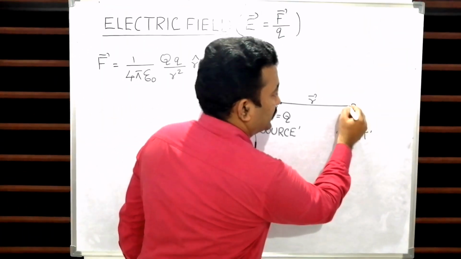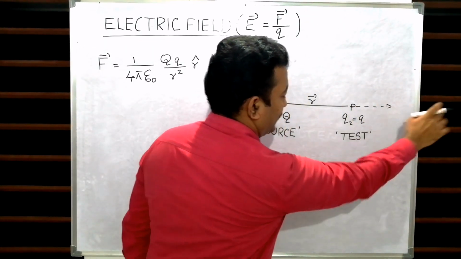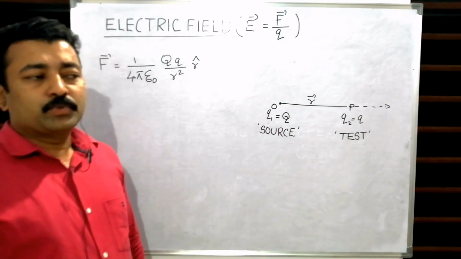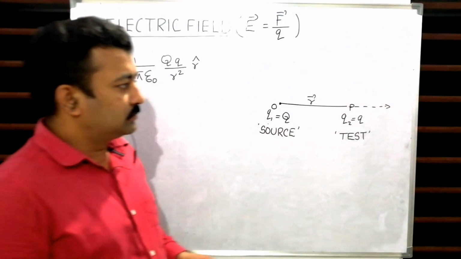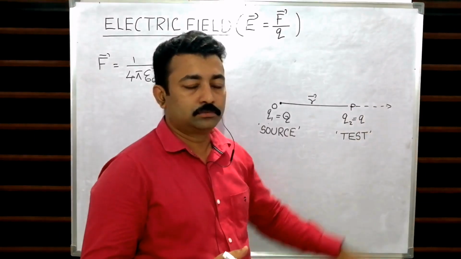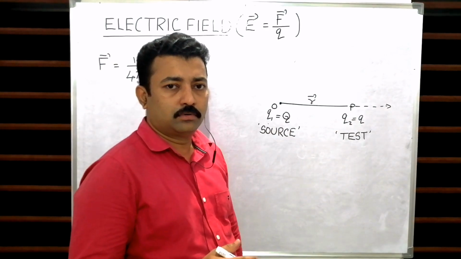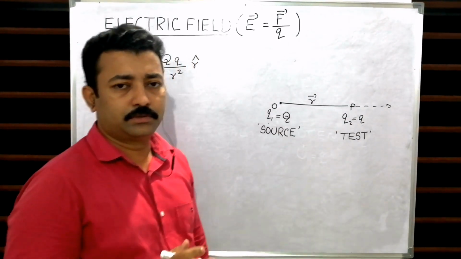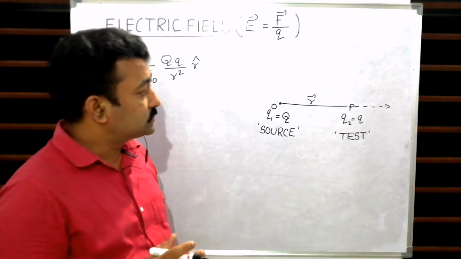We know that if these two are positive, that force will be acting in this line, a repulsive force acting away. So that's what we already know. Now suppose this charge is removed from there, whether there is any effect or any force there. It has to be there, correct or not?